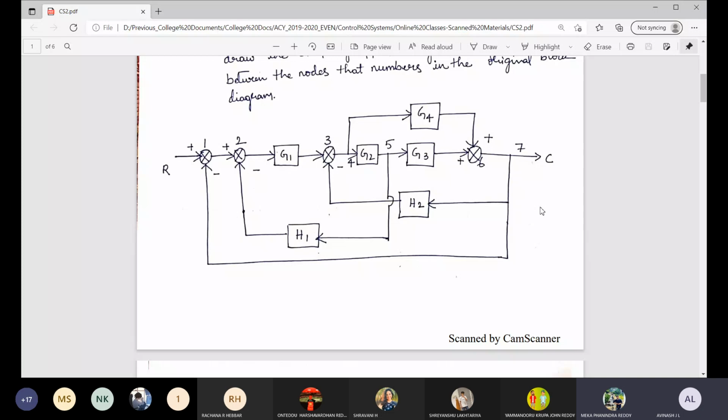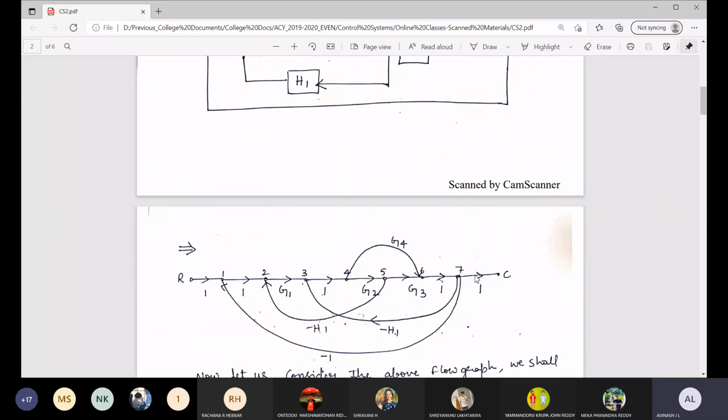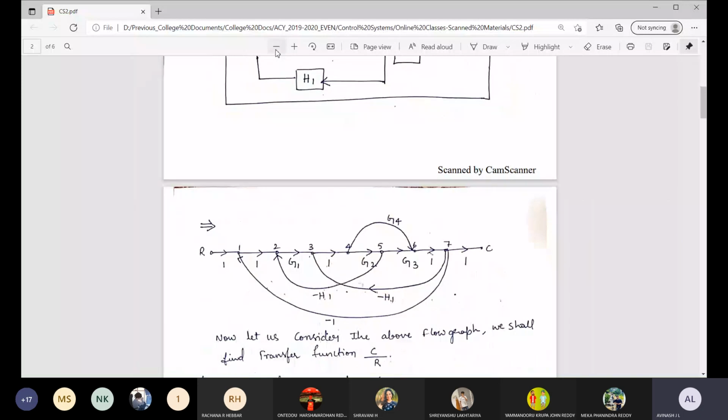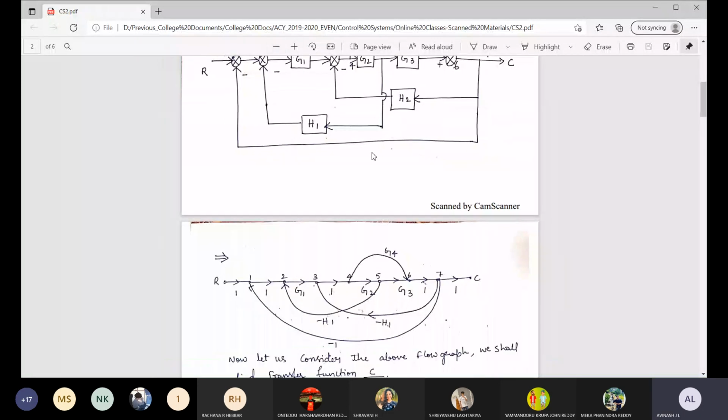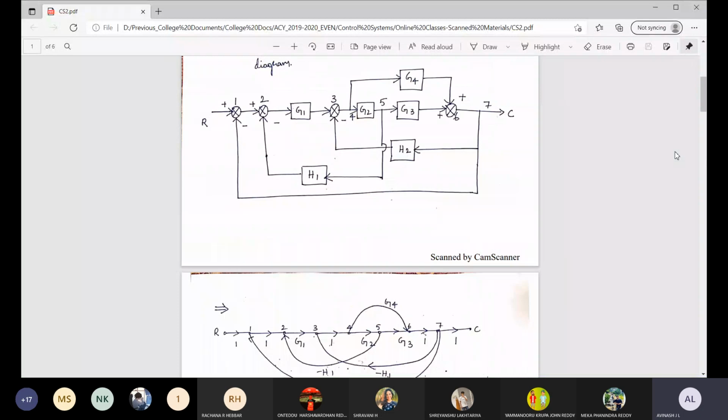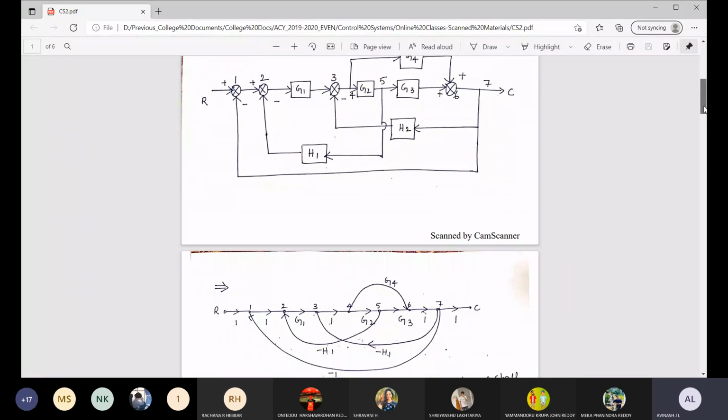Very good. So next thing is what? So now you see these particular two things. So now you see here. Is it visible? Can I explain like this?